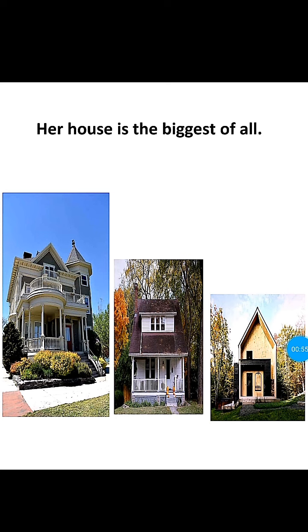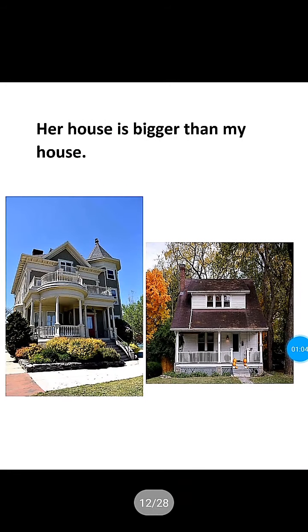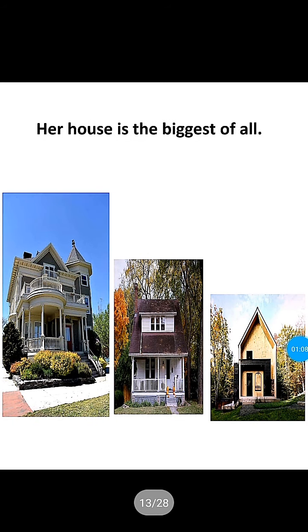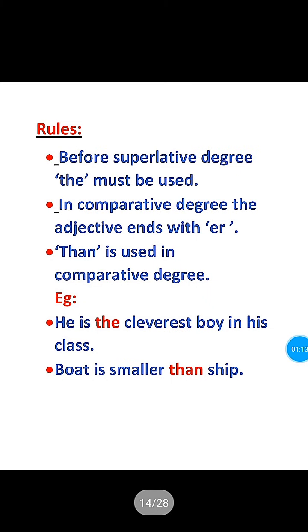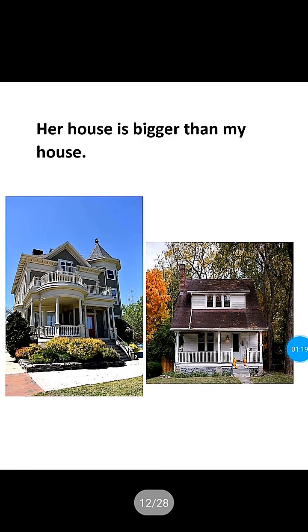Second one, in comparative degree, the adjective ends with er, and in superlative degree, the adjective ends with est. And another rule is that than is used in comparative degree. Her house is bigger than my house. Definitely, we have to use than in comparative degree.